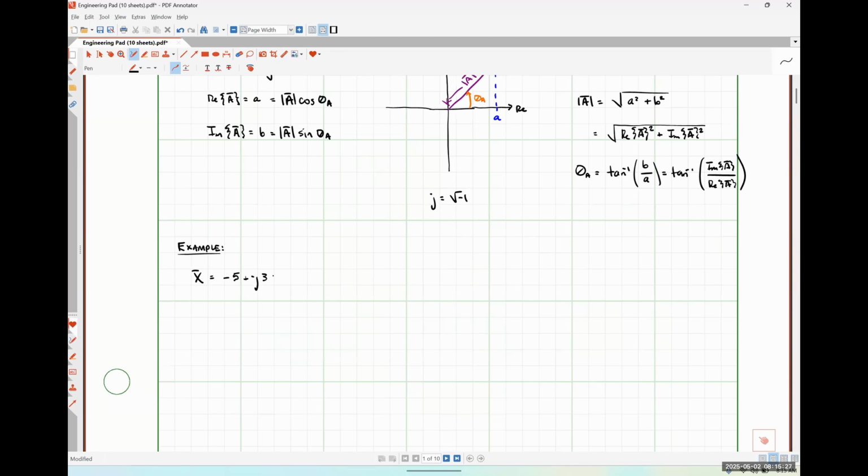Okay. And my goal is to get x into either a polar form or an exponential form. Okay. So let me just write convert to polar / exponential here.